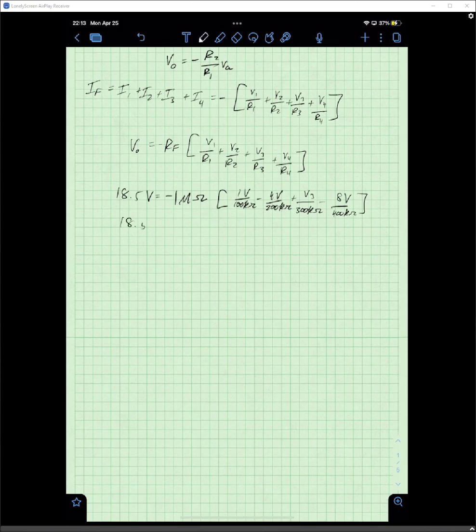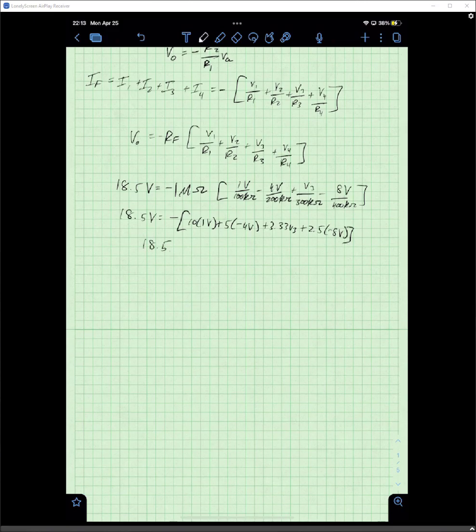So then that 18.5 volts is now equal to negative 10 times 1 volt plus 5 times negative 4 volts plus 3.33 V3 plus 2.5 times negative 8 volts.